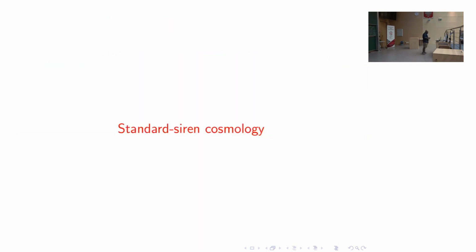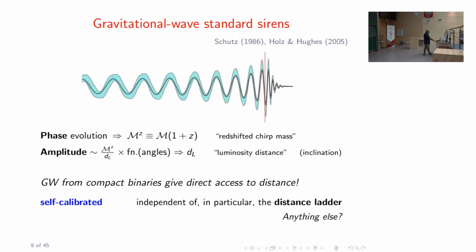So the topic is standard siren cosmology. I'm going to explain why we call them standard sirens. We already heard about standard candles yesterday from Maciek, and so gravitational waves are standard sirens essentially because we are sensitive to both the amplitude and the phase.